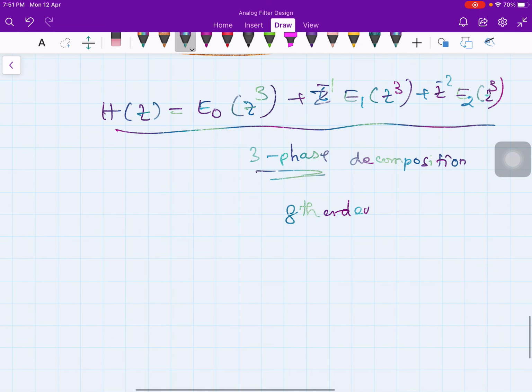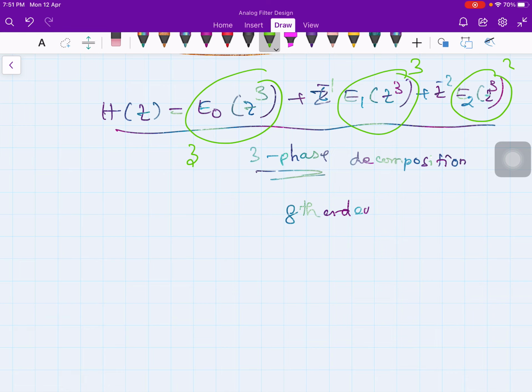The trick to obtain a realization in which no more than 8 delays are used is to share the delays. Let's say this path needs 3 delays, and 3 delays here, and here also 3 delays.